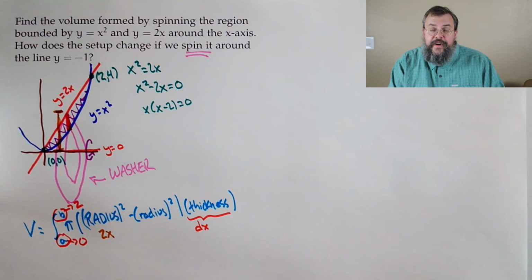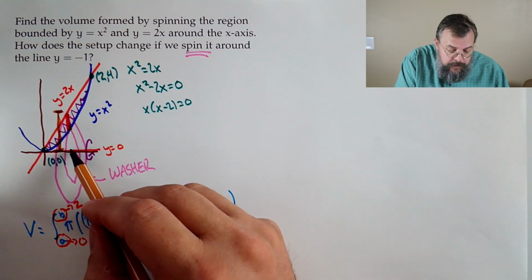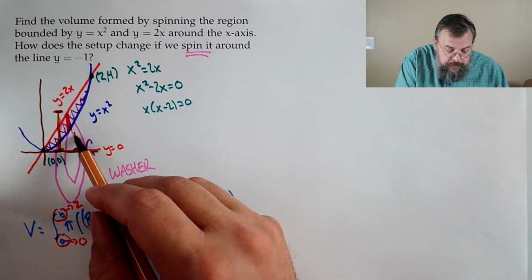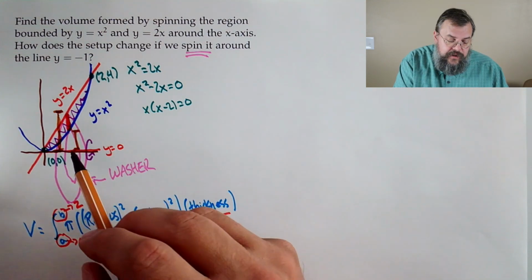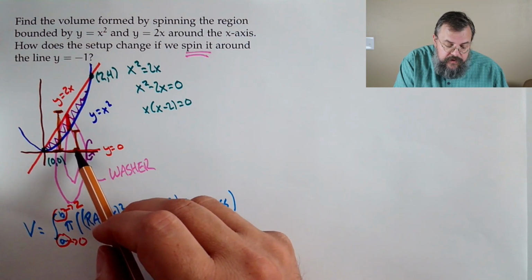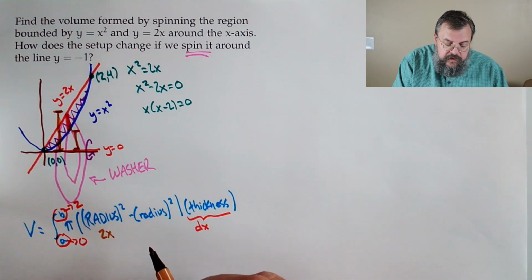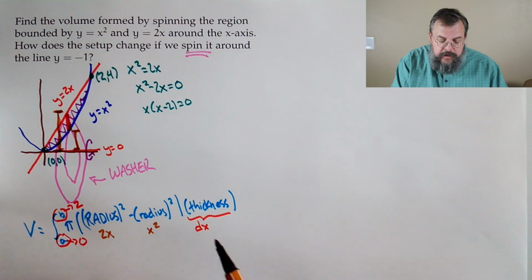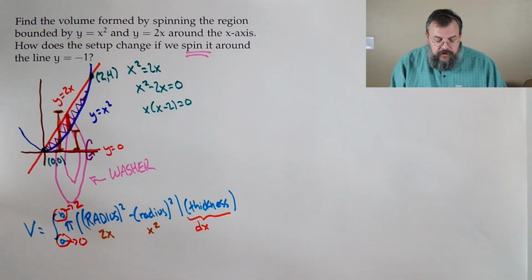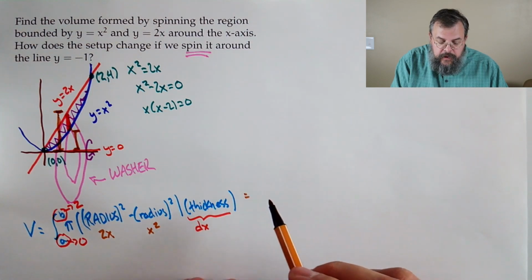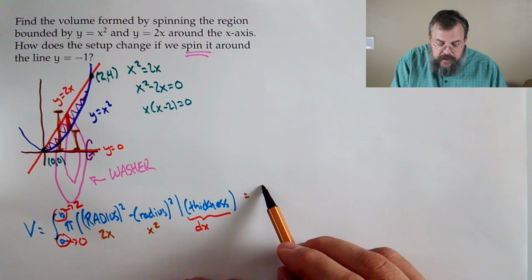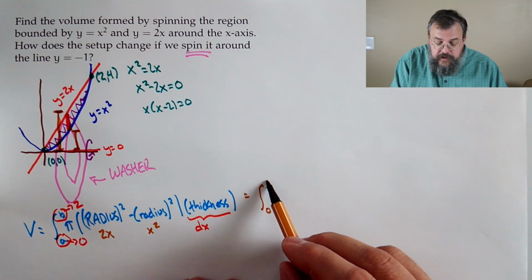How about the small radius? Well, you still go from where you're spinning up to the innermost curve. So that distance from 0 up to x squared is x squared. So what we end up with is the following. We have the integral from 0 to 2.